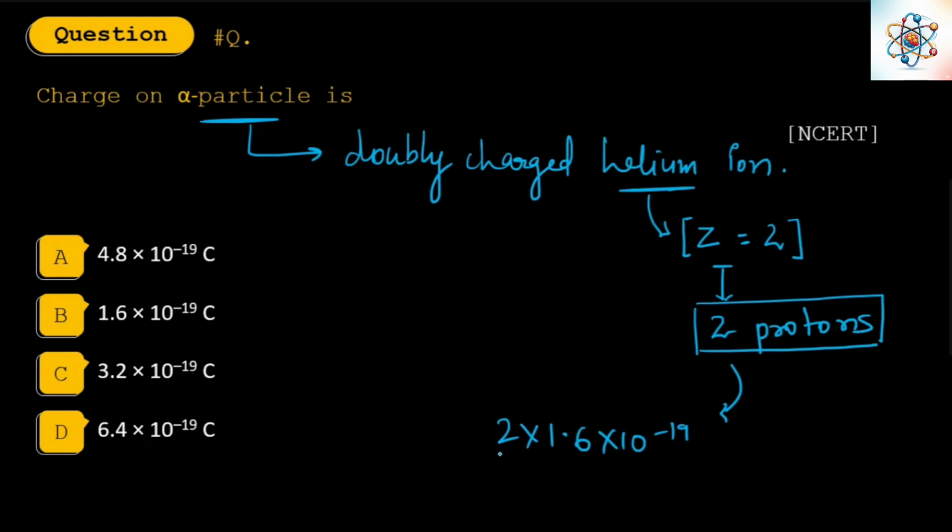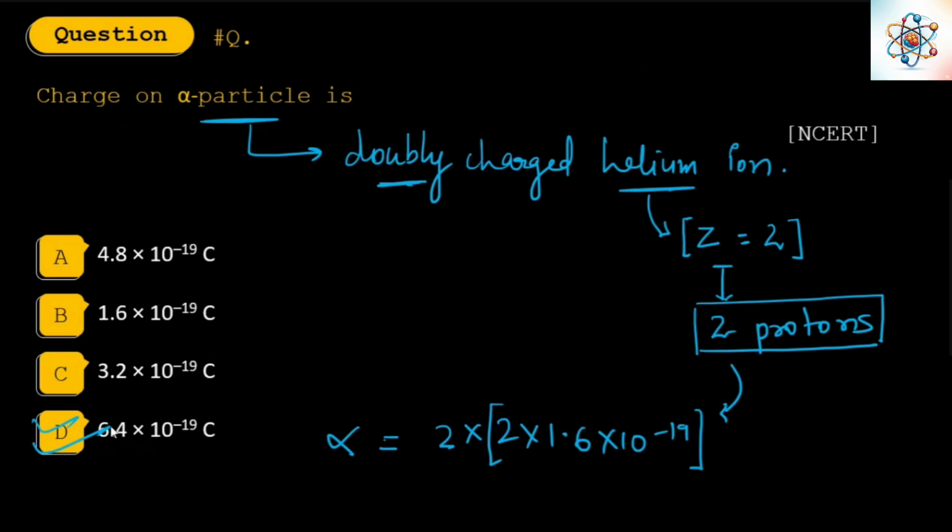We have to multiply it by 2. And whatever answer we got, we again have to multiply it by 2 because it is a doubly charged helium ion. So when we calculate it, we'll simply get 6.4 into 10 to the power minus 19 coulombs. This is what the charge of alpha particle is.